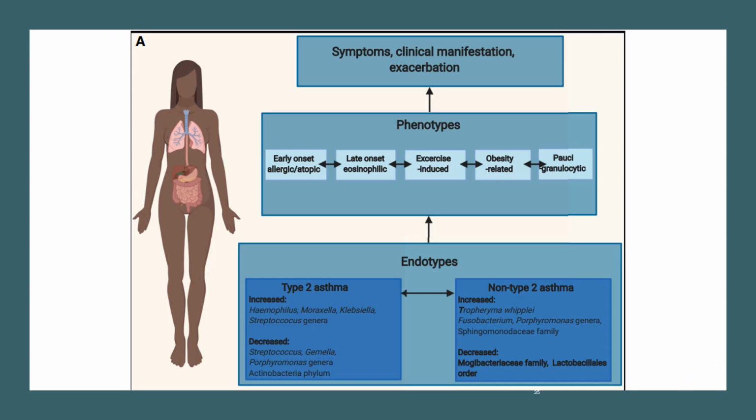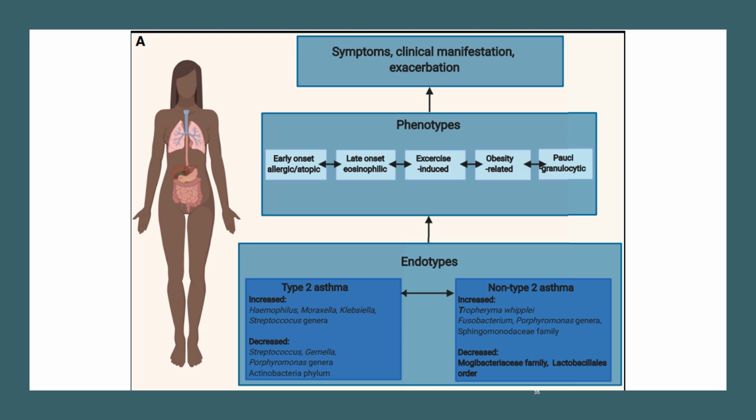This is a schematic representation of different asthma phenotypes and endotypes partnered with differences in their microbiota. The endotypes classify asthma based on pathophysiological mechanisms, whereas the phenotype refers to the clinical and morphological description of the disease. So let's take a look at the two endotypes.